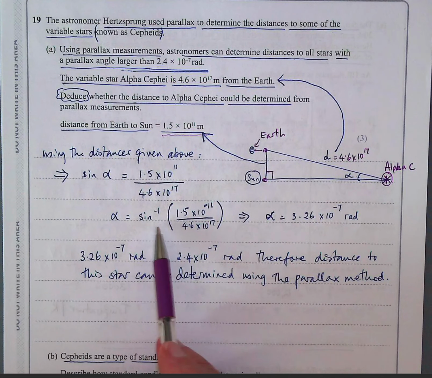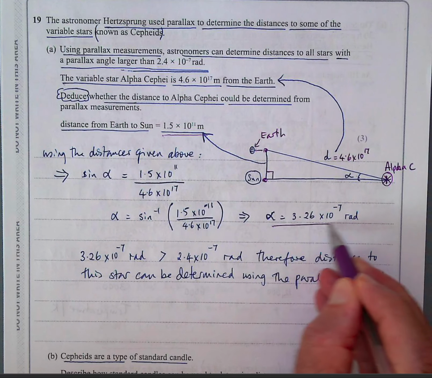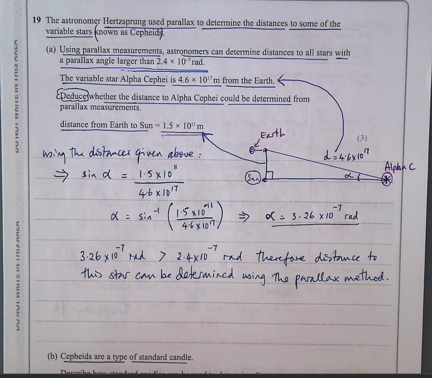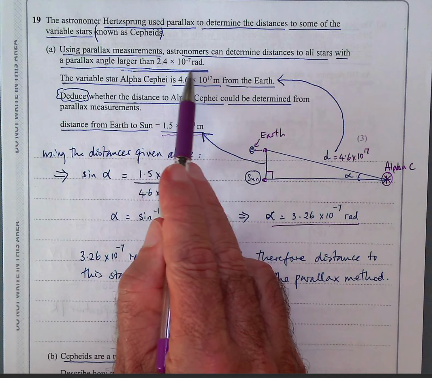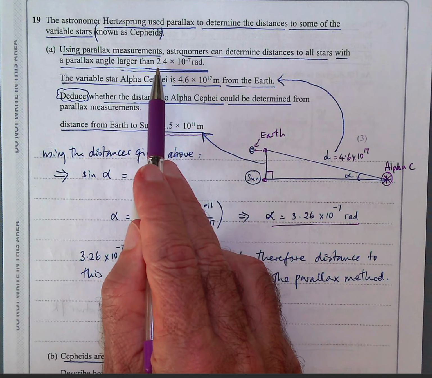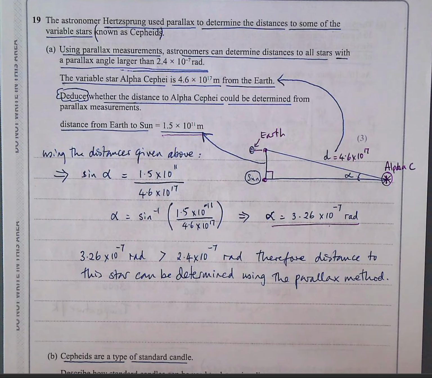You then do the inverse of sine, and you'll get the angle, 3.26 times 10 to the minus 7. You'll see that is larger by roughly 50% than the value it must be larger than. Therefore the distance to this star can be determined using the parallax method.